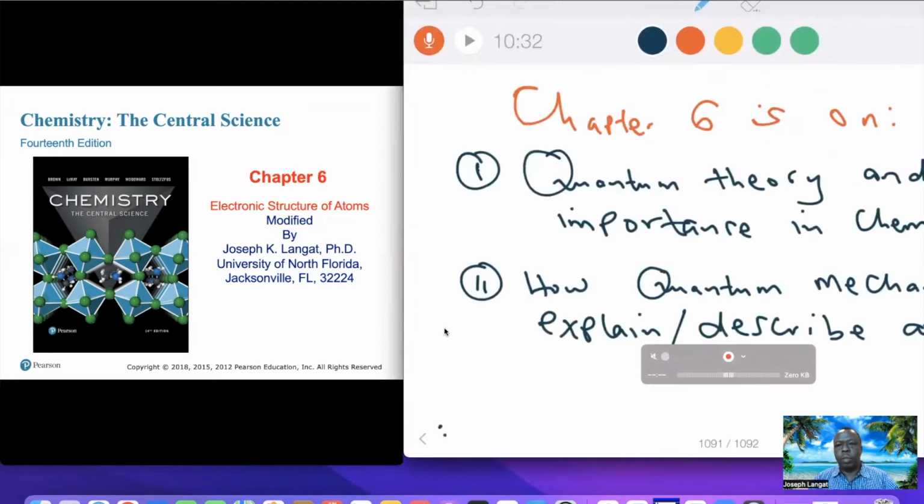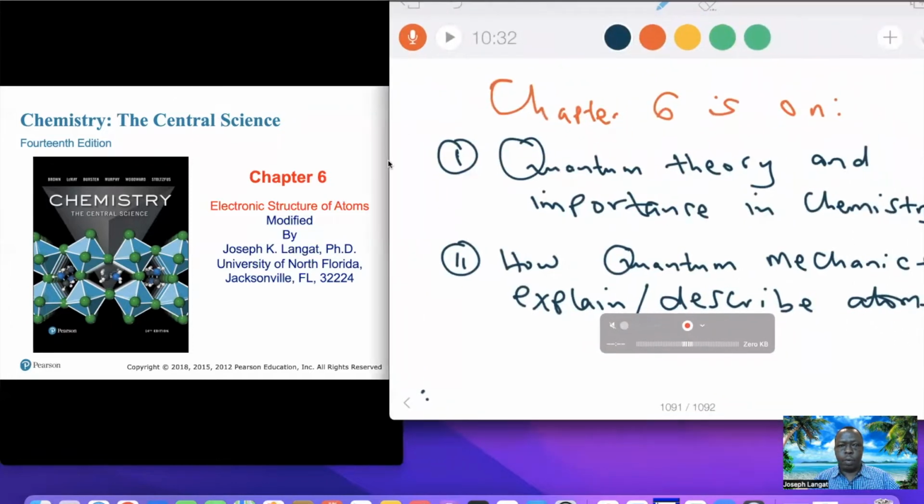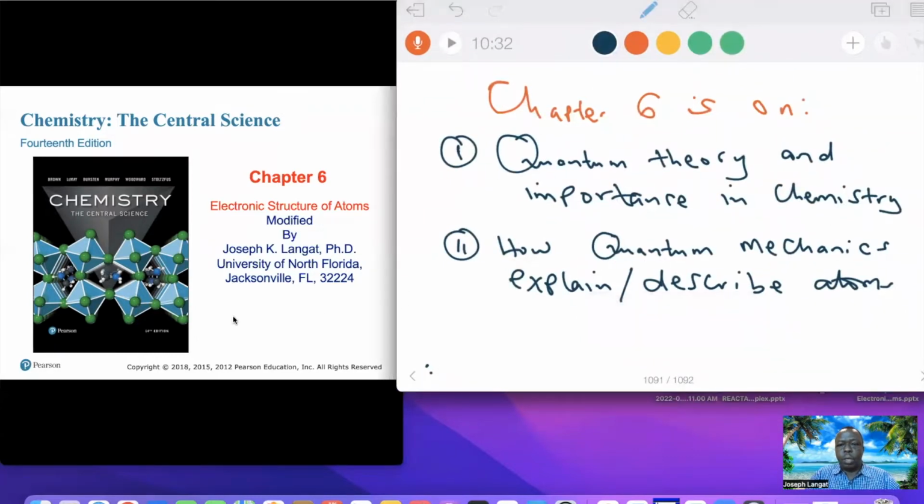In this chapter, we are going to look at how quantum theory is used in explaining the model of an atom, as opposed to Bohr's model of an atom, Thomson's model of an atom, and Dalton's atomic theory.